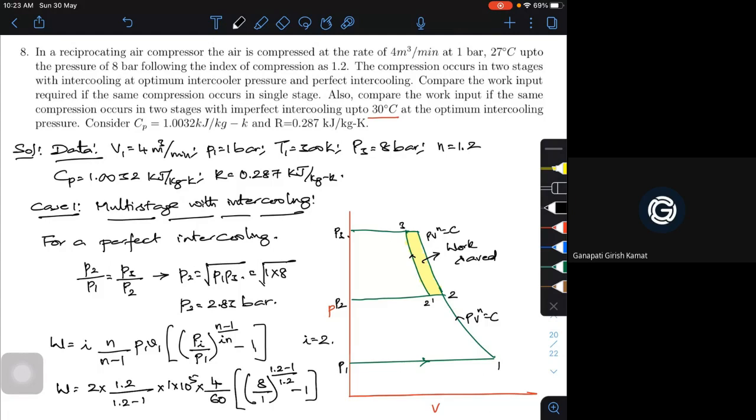For a perfect intercooling, your intermediate temperature T2 will be equal to your T1. But for an imperfect cooling, T2 will be equal to T1 plus 30. So T1 is 27 degrees Celsius plus 30 degrees, it's 57 degrees Celsius. So this will be 330 degree Kelvin.